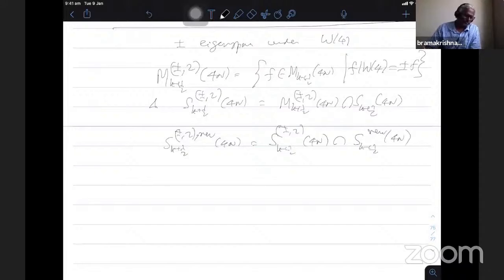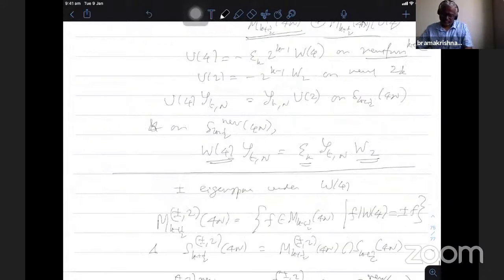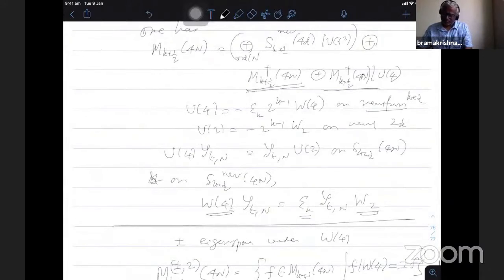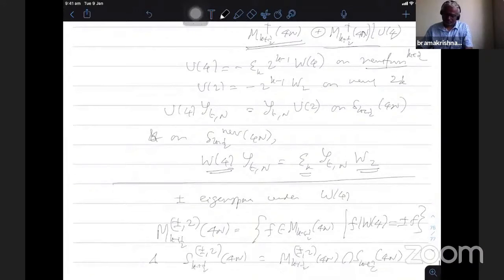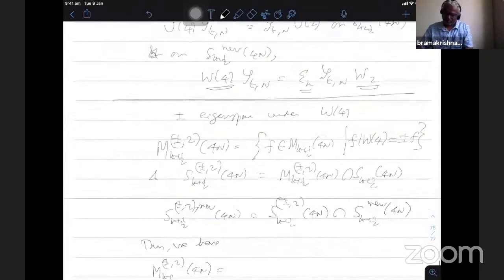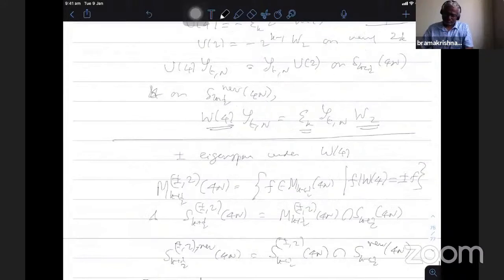Okay, so thus we have M_{k+1/2}^{±}(4N), which is nothing but all the forms with the plus/minus eigenvalue with respect to W_2. Therefore, for each one I have considered this using this decomposition.